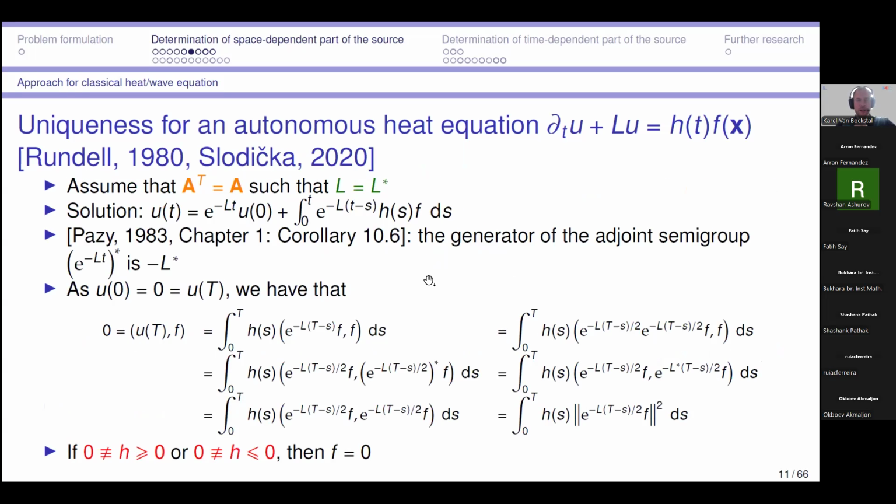Then in the case that there is also a time-dependent part inside the right-hand side, you need to assume that A is symmetric such that L is self-adjoint.